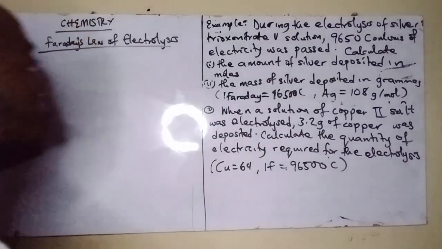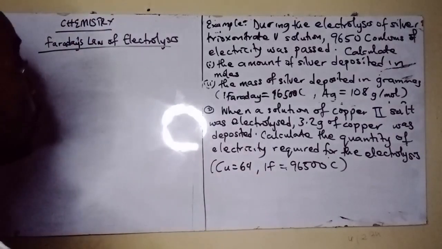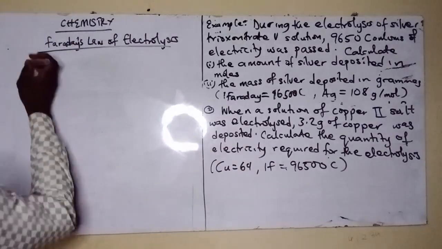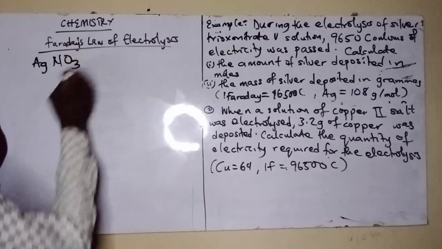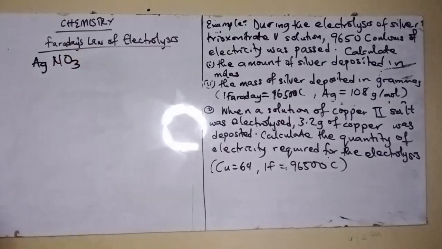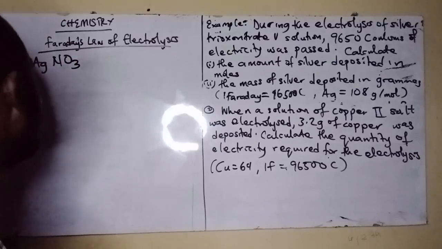Now, during the electrolysis of silver nitrate solution, this one in this situation is AgNO3. There is the electrolysis. And looking from this solution, it is silver that will be deposited, a transition metal.